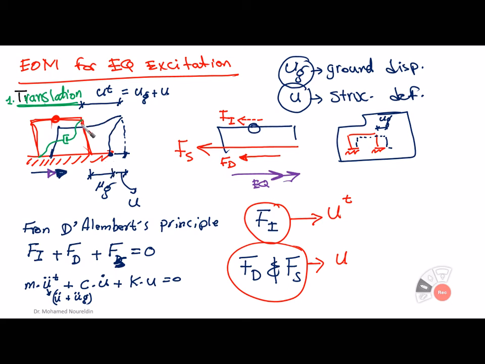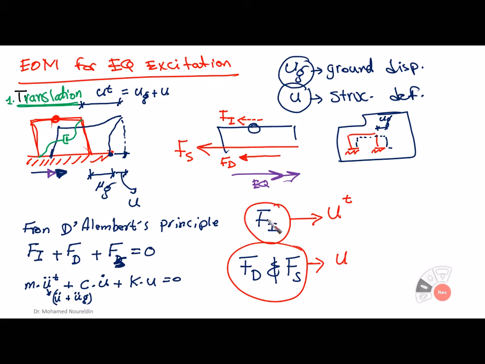One component comes from the rigid body translation of the system, and the other part is due to the deformation of the system, which we call U. And we mentioned that it is very important to note that our inertia force is related to the U total, the total deformation of the system. However, Fd, the damping force, and the restoring static force are related to U only.